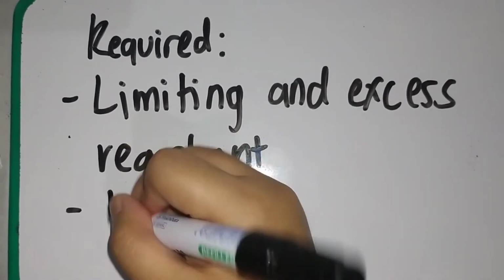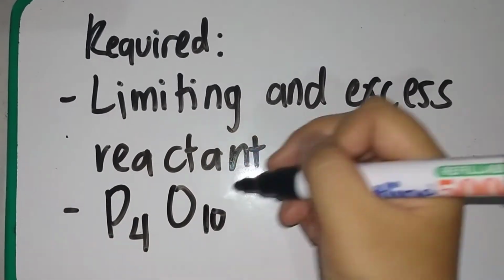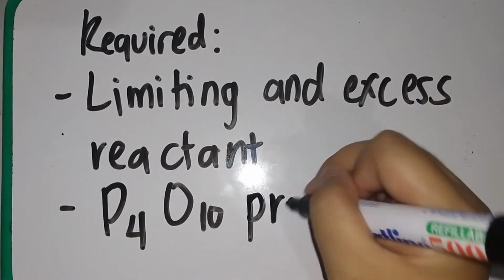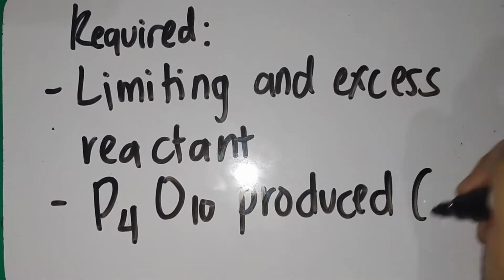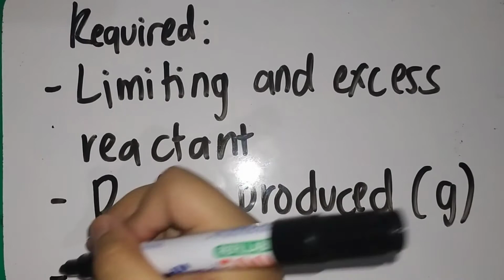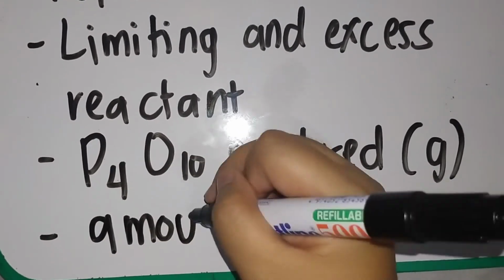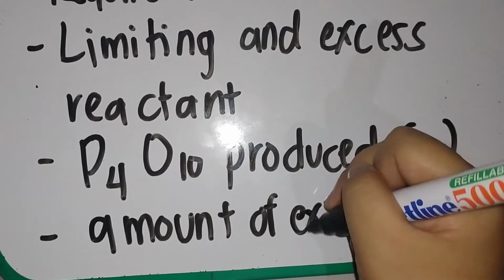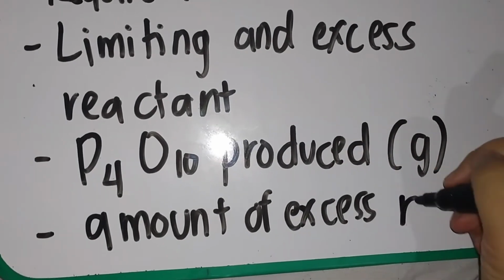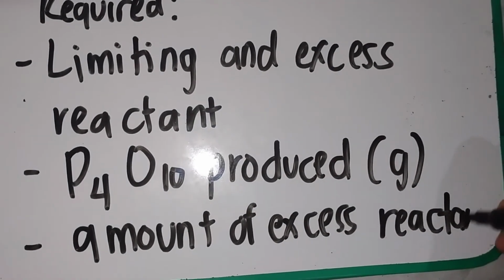Next, we need to determine the number of grams of P4O10 produced, and then we need to know how much of the excess reactant is left after the reaction.